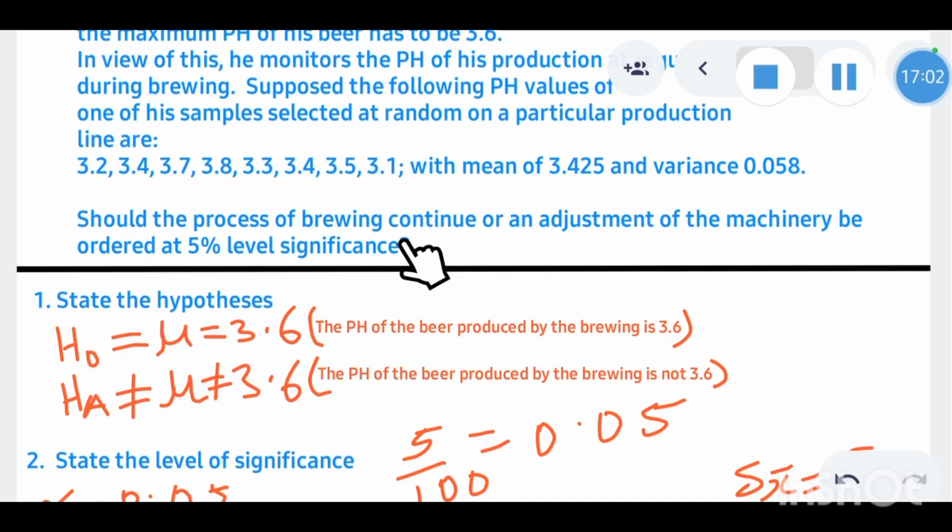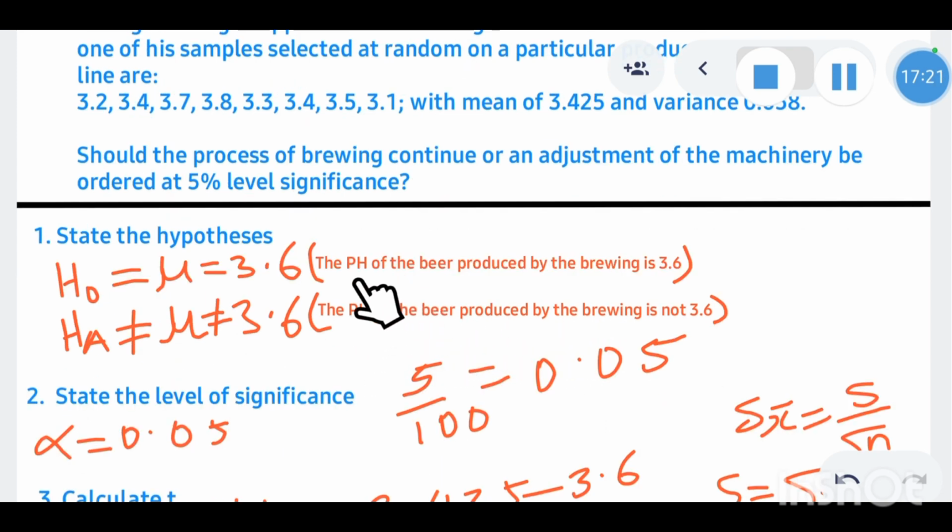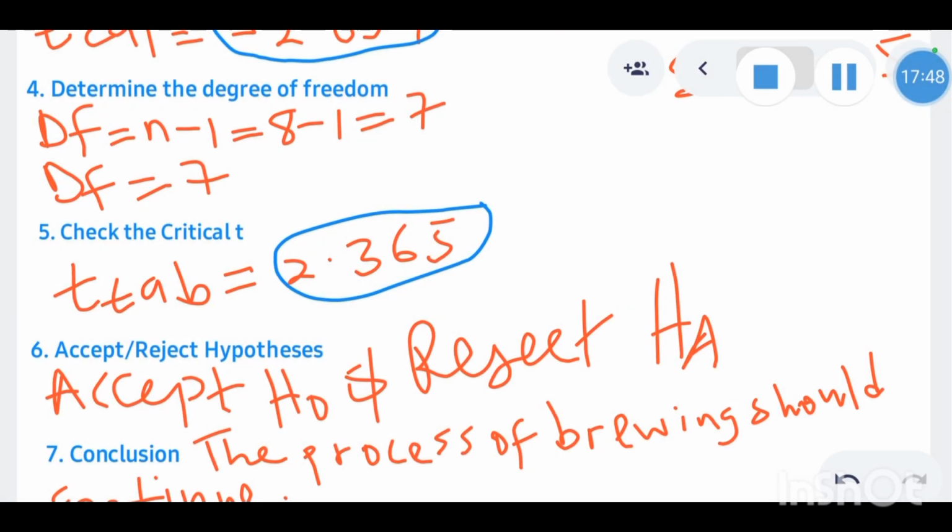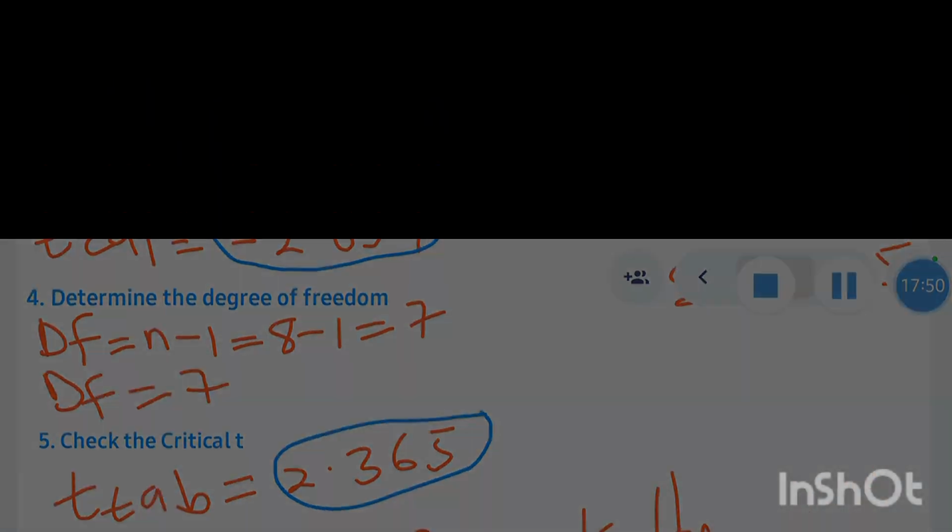Since we accepted the null, which states that the pH of the beer produced by the brewery is 3.6, we conclude that the process of brewing should continue and there will be no need for adjustment of machinery. So we'll report that now. So we're basically giving an answer to this question.